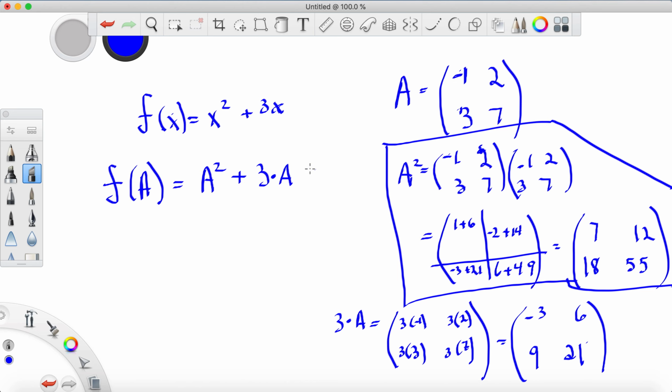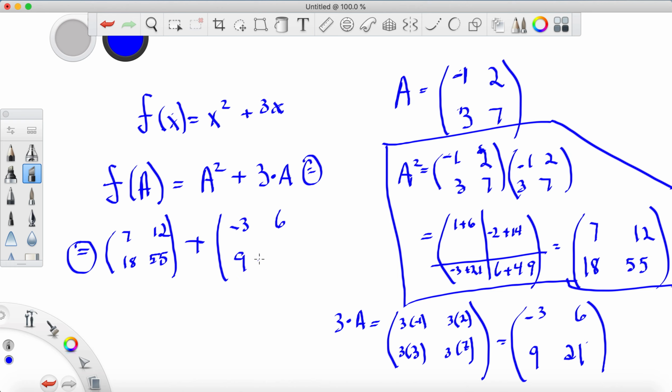So we go over here and we summarize our results. What is A squared? Well, that is 7, 12, 18, and 55. And now I'm going to add on 3 times A. So that should give me -3, 6, 9, and 21. Finally, we add pointwise, also discussed in the video matrix basics.